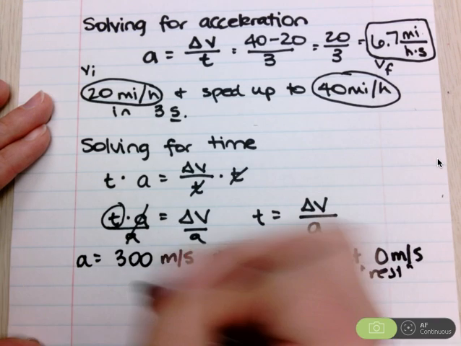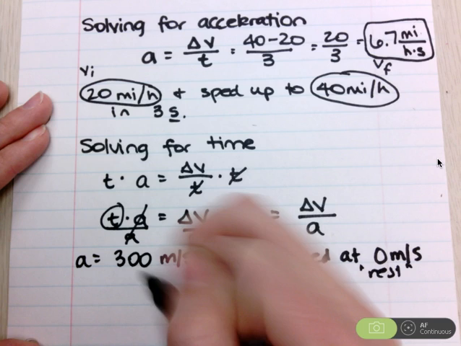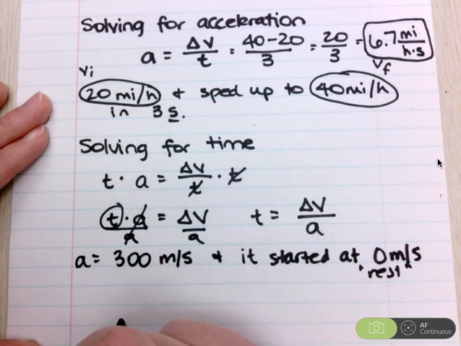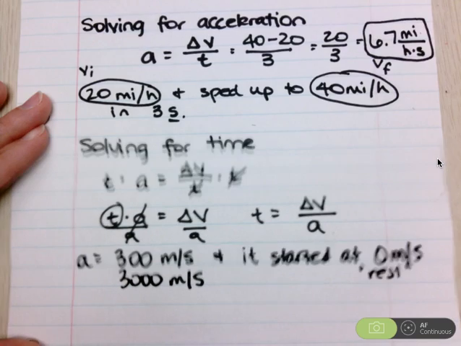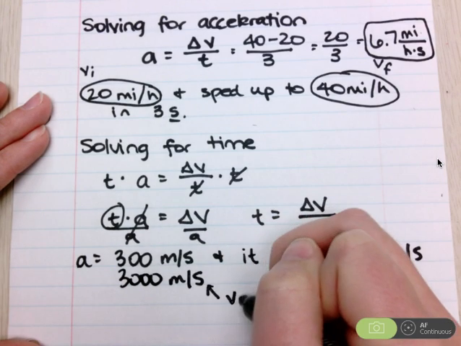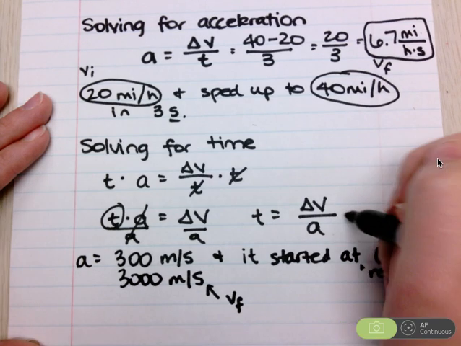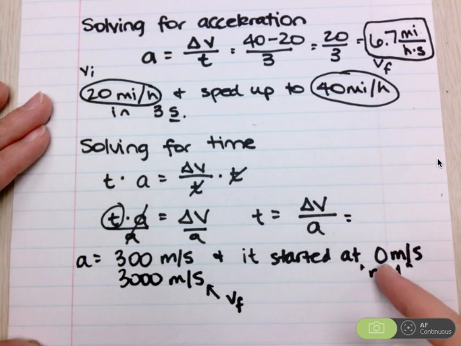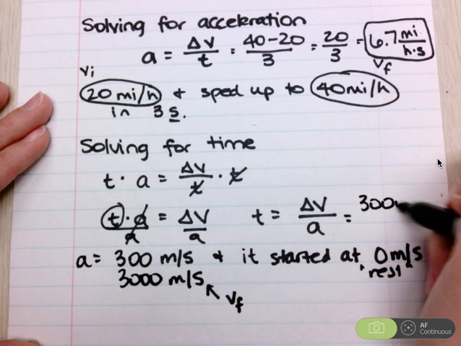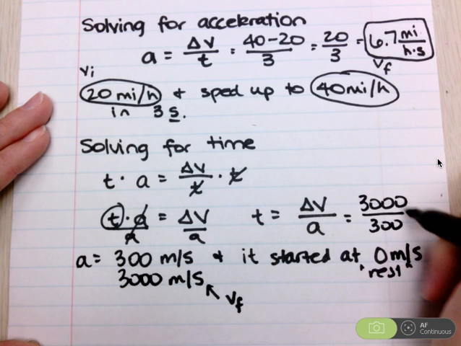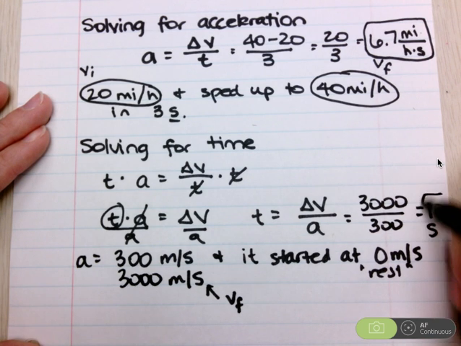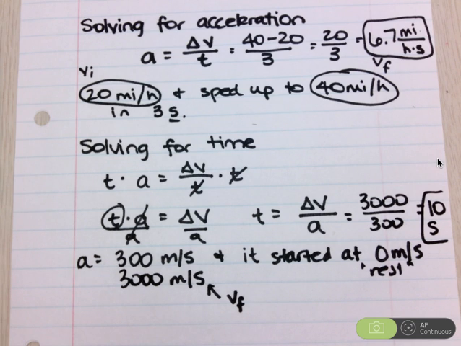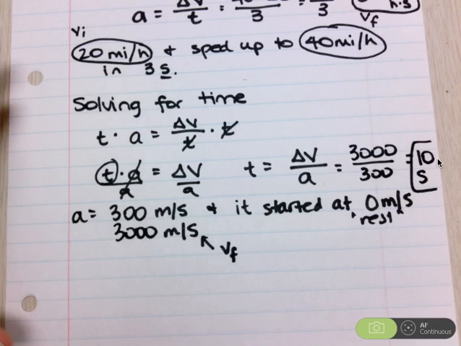And it got to go 3,000 meters per second. So that's my final. Final minus initial, 3,000 minus 0 is still 3,000. Divided by 300 gives me 10. It took 10 seconds for that plane to accelerate that much. Okay? Okay. Now let's do one more.